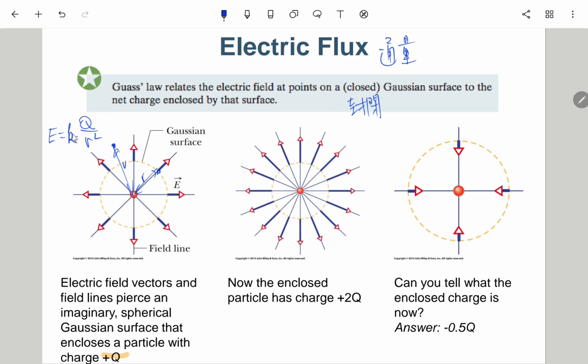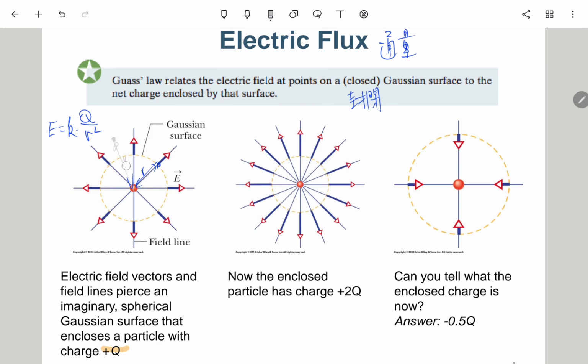And the idea here is that in the previous chapter we also learned about the electric field line, right? This positive charge, plus Q, will generate some E field pointing outwards.